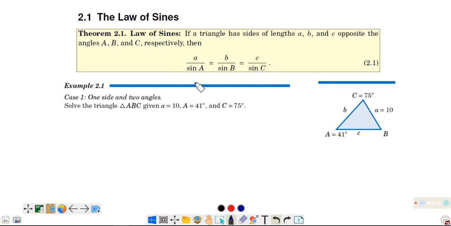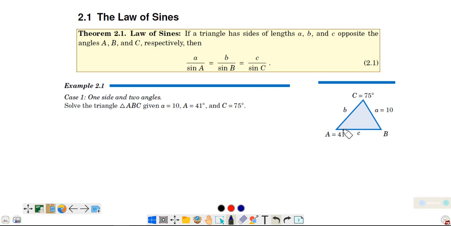Okay, so we are going to make use of this law in finding the missing sides that will eventually lead us to finding the trigonometric function values of the given angles, or of the three angles.